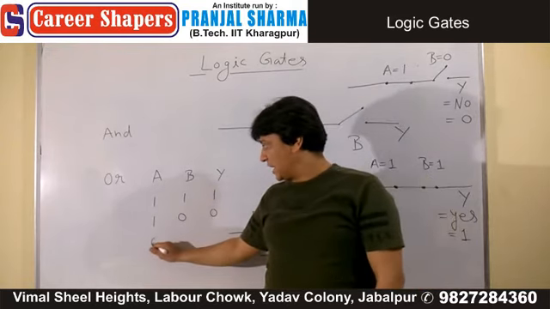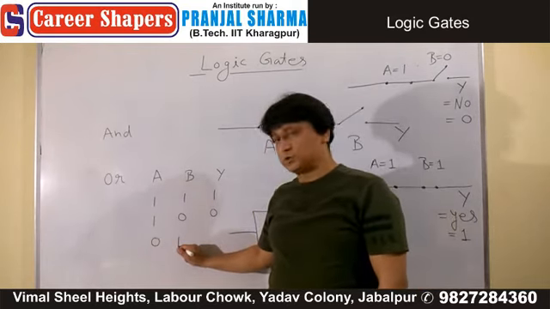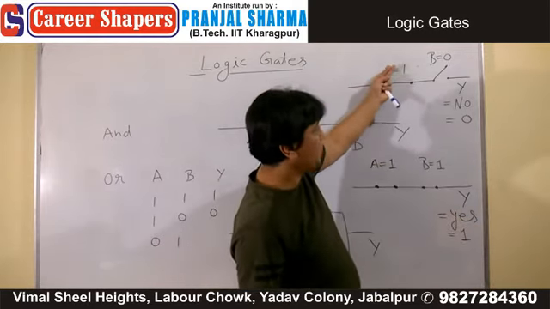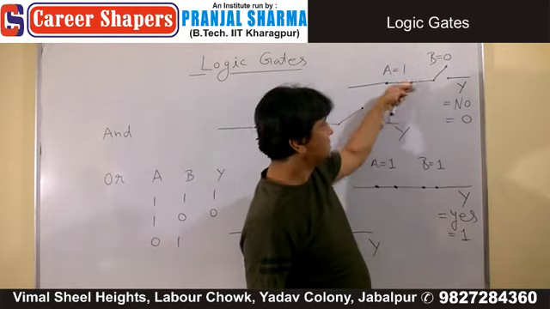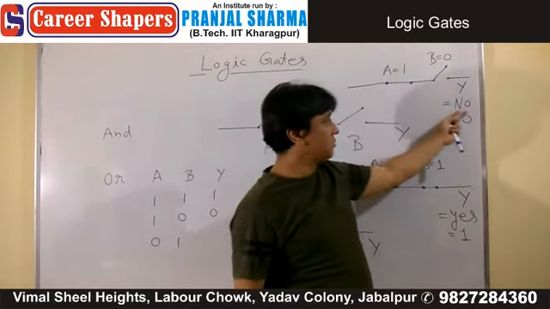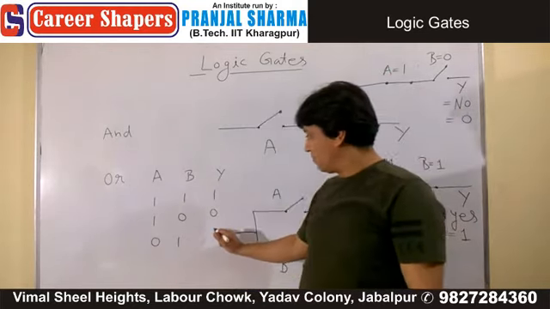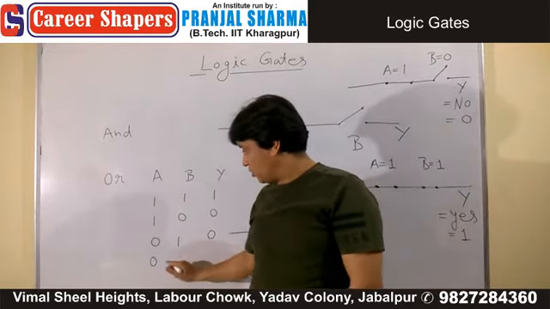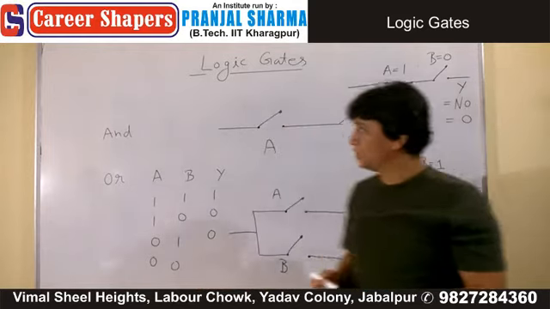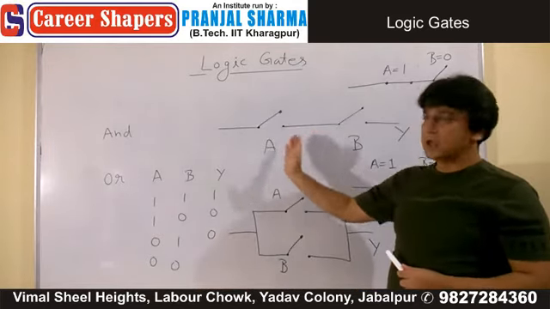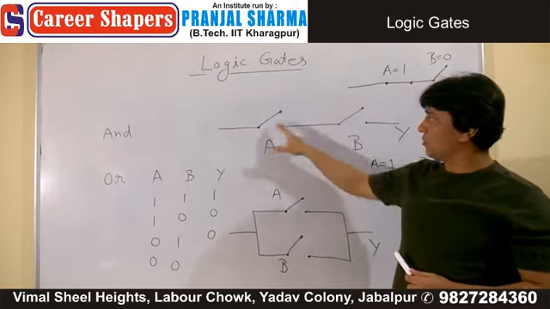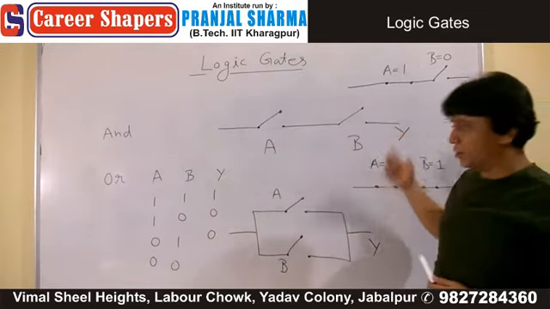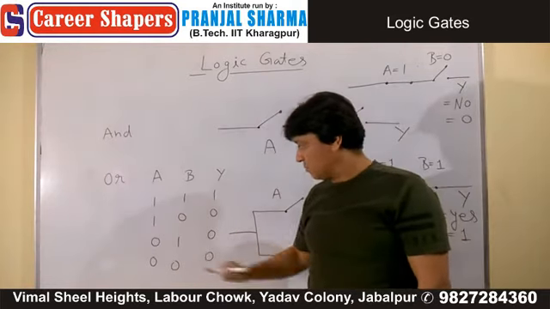If I keep A open but B closed, I'm not drawing a circuit for that. It's very easy. Since it's open, you see that there will be no current, and therefore straight away I will write 0. Again, if I write 0 and 0, it is the same figure. A is open, B is open. If this is open, then you can see that there will be no current over here. No current means 0.